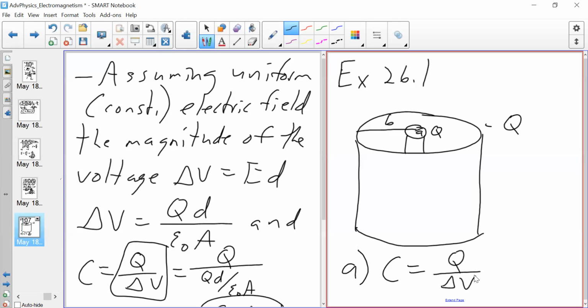And then we have to get an expression for the voltage between those two charge plates. So one cylinder on the inside and a cylindrical shell on the outside.